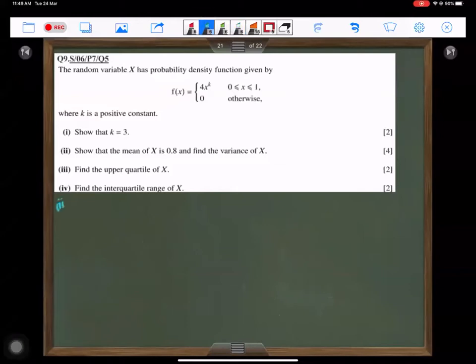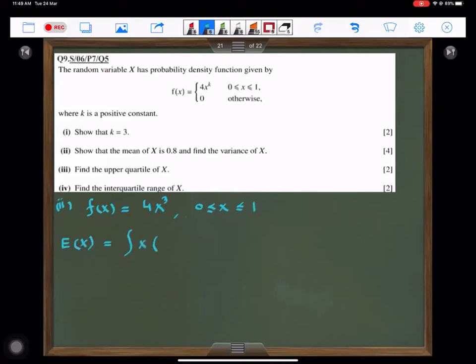Second part, show that the mean of x is 0.8. So first write the function f(x) = 4x cubed between the limits 0 and 1. The mean of x is 0.8. Expectation of x, we have to show this. That is the integral of x times 4x cubed.